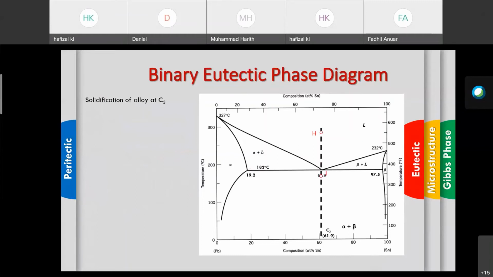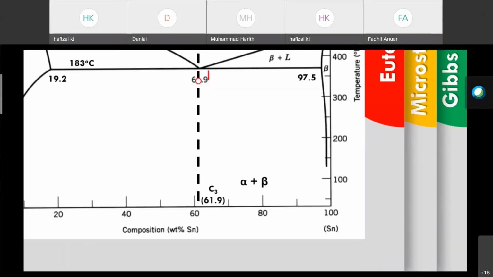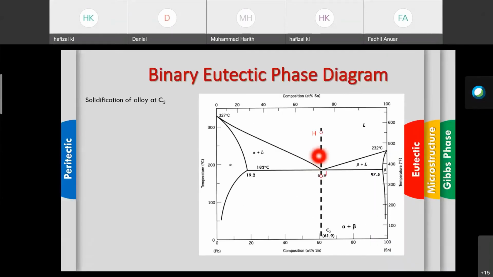What happens if we look at this line? We have the eutectic line here. What happens at point H? What happens at a point below 183? So we need to consider.